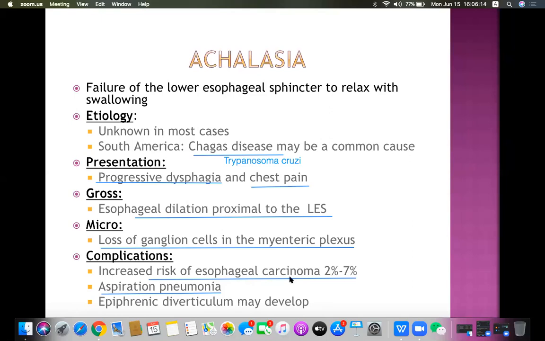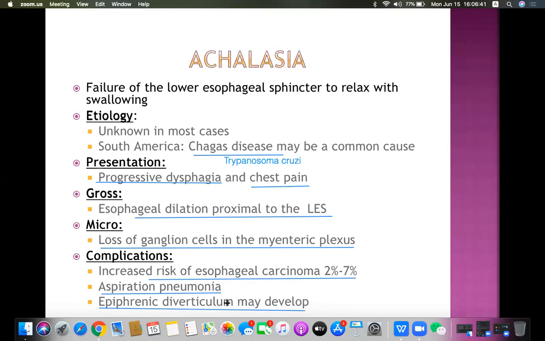That is called aspiration. And one very important problem is epiphrenic diverticula. Epiphrenic diverticula may develop. Diverticula are outpouchings from this type of tube. Because of the excessive pressure inside, most of the time the mucosa and the submucosa may outpouch, just like an aneurysm.